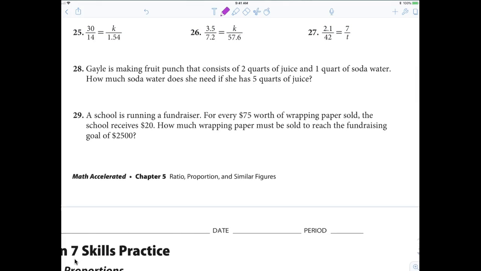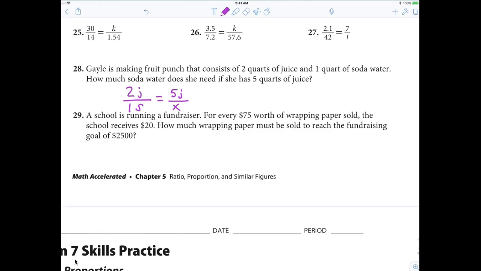So it's 2J over 1 soda. Is everybody with me on that? Now, she's asking how much soda if I have 5 quarts of juice. So 5J up top, and X is on the bottom.